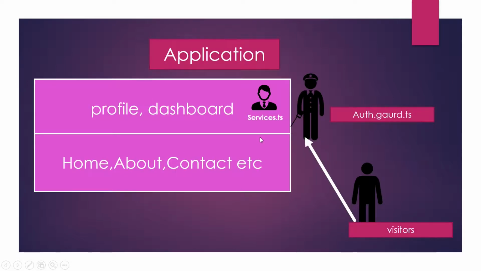Now let's come to our Angular application. Suppose this whole section is the Angular application. Inside the Angular application there are a few components: profile component, dashboard component, home component, about and contact, etc. So these are public sections.